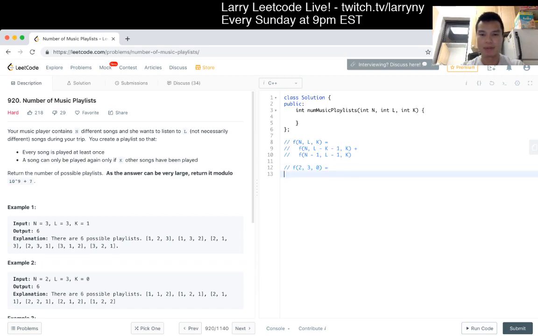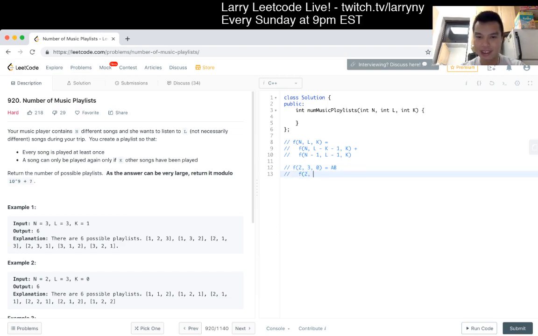What this represents to me is you're still playing. So let's say you have two songs, song A and song B, and you have length 3. None of it is filled yet.